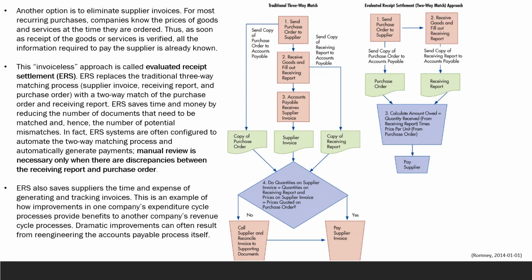And then receiving gets the goods and fills out the receiving report. They send the receiving report to accounts payable. Then we look at the amount owed. We calculate that: does it equal the quantity received from the receiving report times the price per unit from the purchase order? All right, and then we pay the supplier.